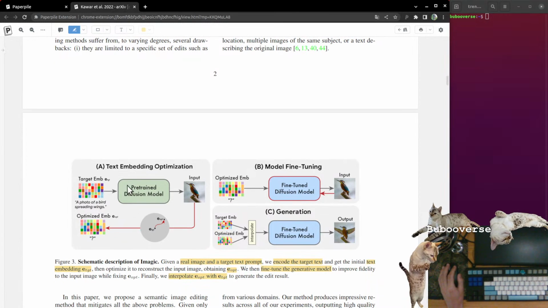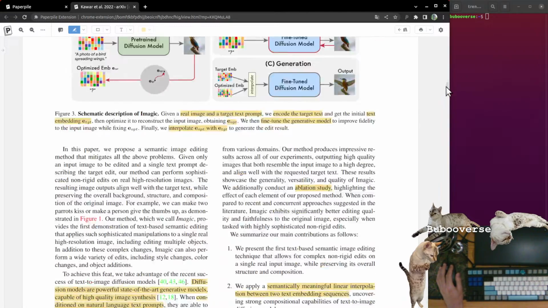So this is frozen, this green one here. They're saying this is frozen, and you're taking this target and you're basically taking steps that want you to make that target embedding as close as possible to that input image.